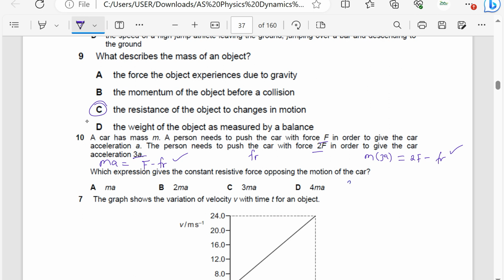So I'll have 3ma minus ma should be equal to twice F minus Fr, then minus F minus Fr.